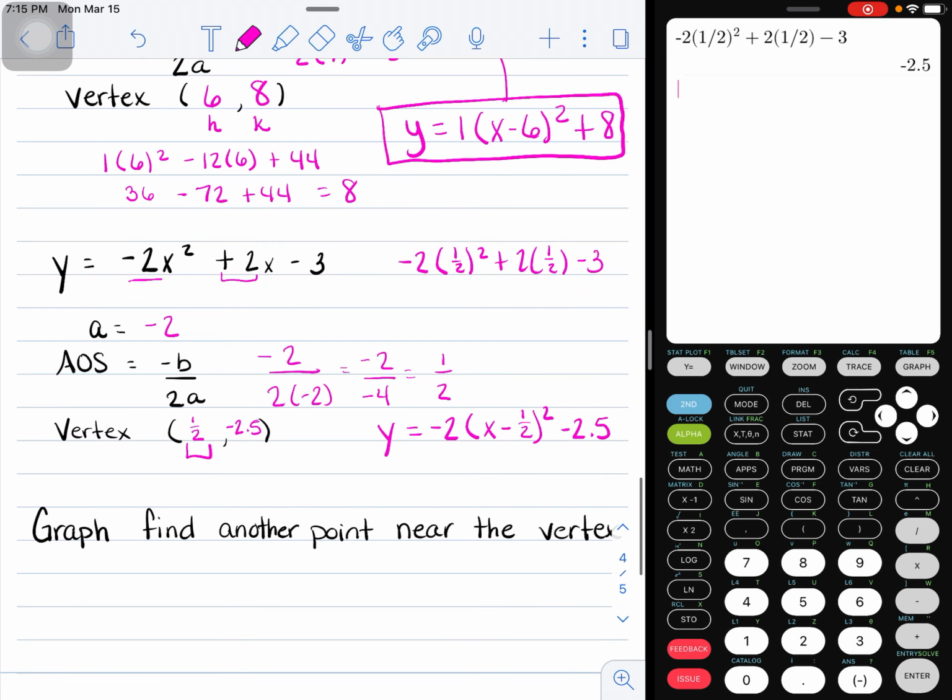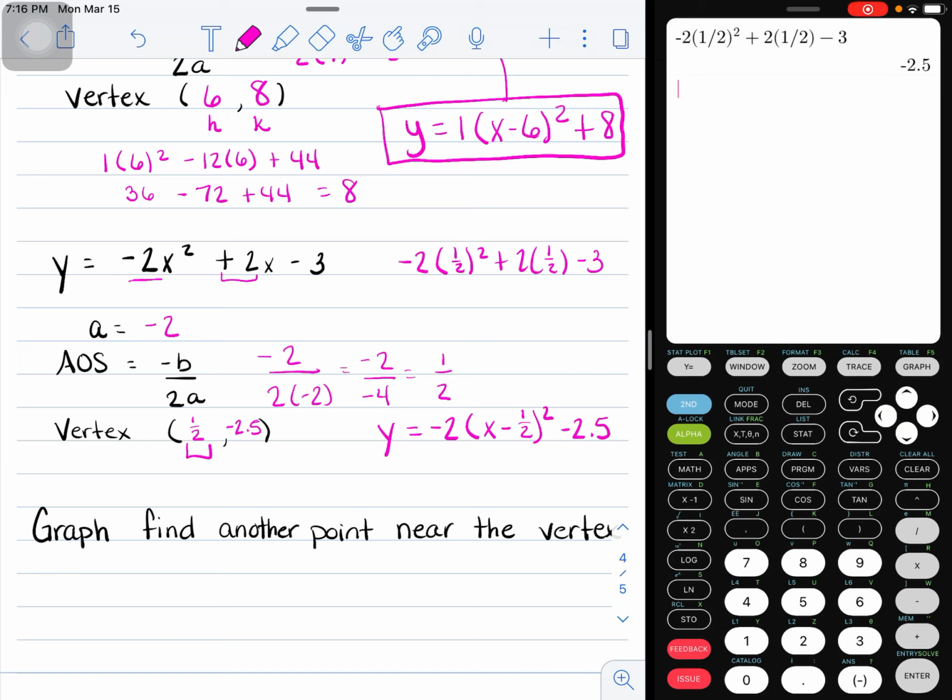Now, if we were graphing this and we found the AOS and the vertex, that would help us have an AOS and a vertex, and we would then have to find another point. We could pick any point. You want to pick something kind of close. So if I have a vertex and my AOS goes through 1/2, I might pick 0.